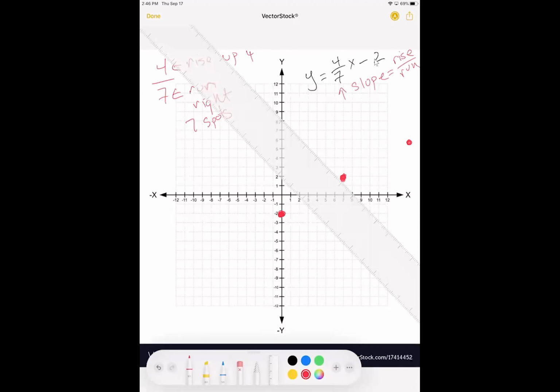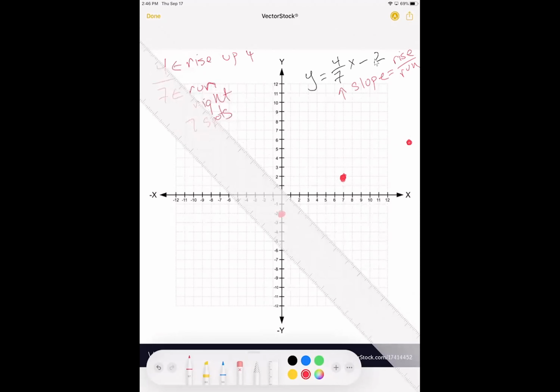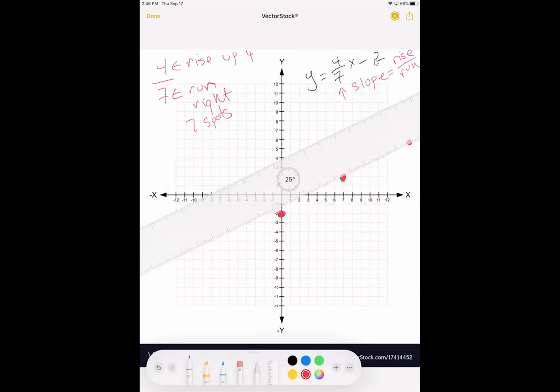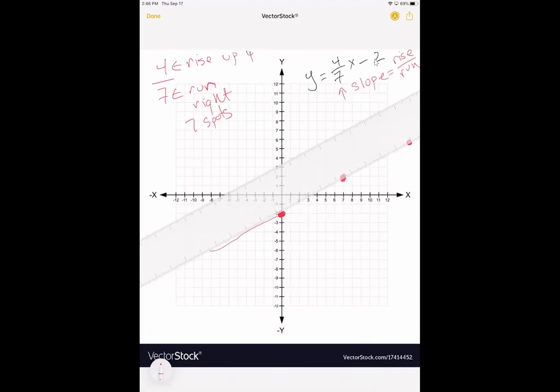Let me try this item here. Got it, ladies and gentlemen. They got a ruler for me. It's hard to draw. Try to connect the dots, but anyway, this is what we have.